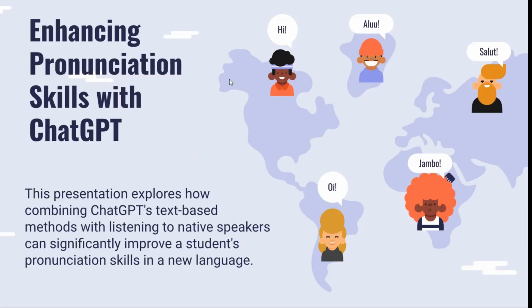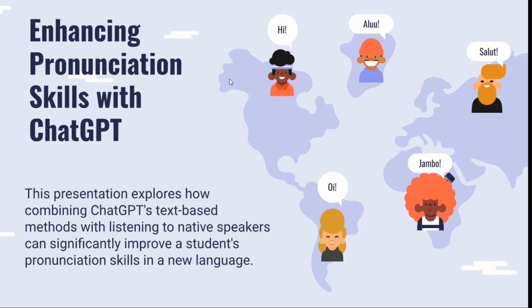Now that we saw all the prompts, all the options that we have with ChatGPT and pronunciation, I will put these slides down below in the description of this video. And what I'm asking from you is to try some of those in the language that you teach.